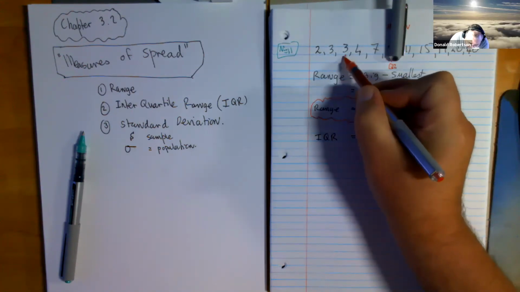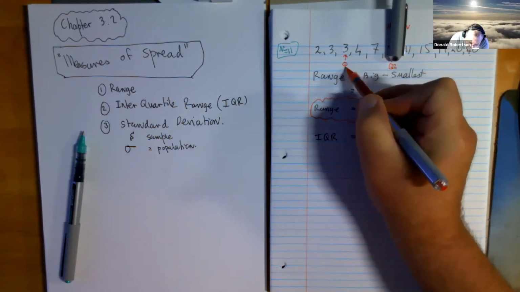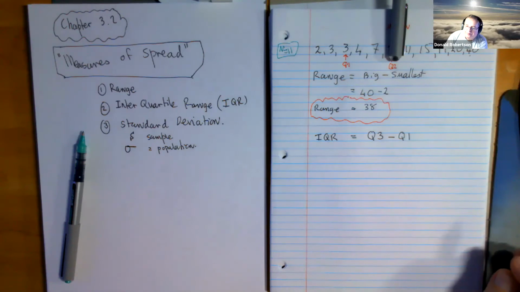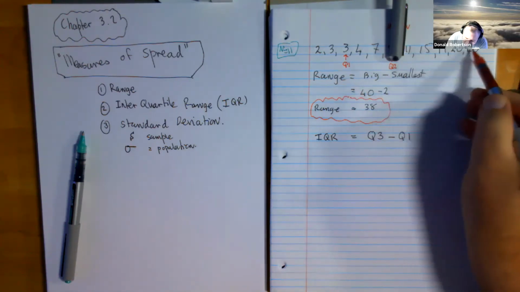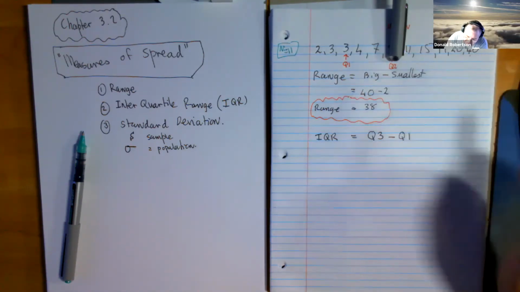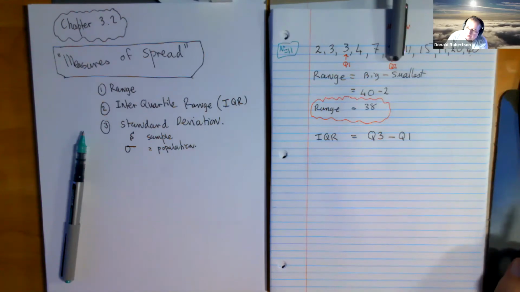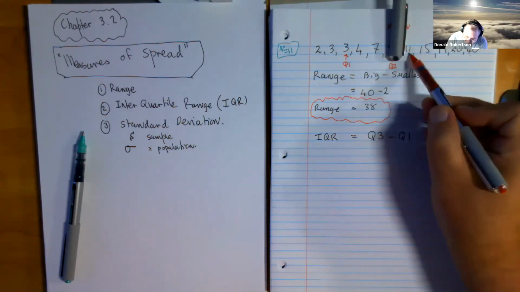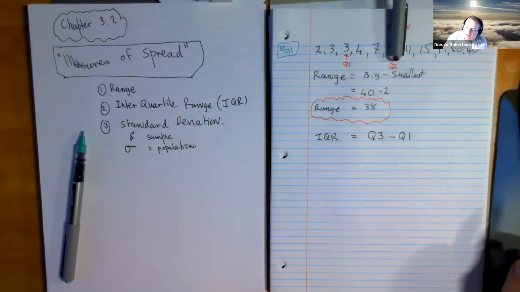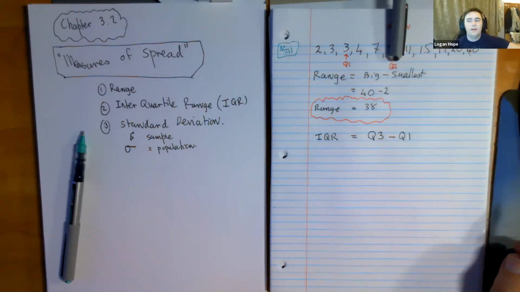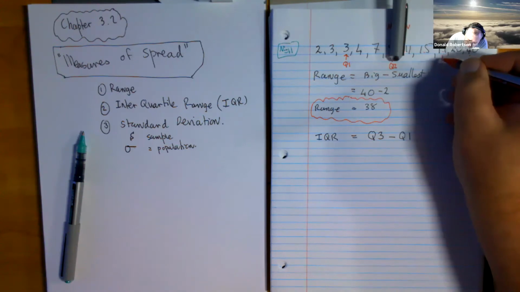And would you agree that the middle number in this question is Q1? What would the middle number be on the big side? Which one of these is Q3? 19. 19.